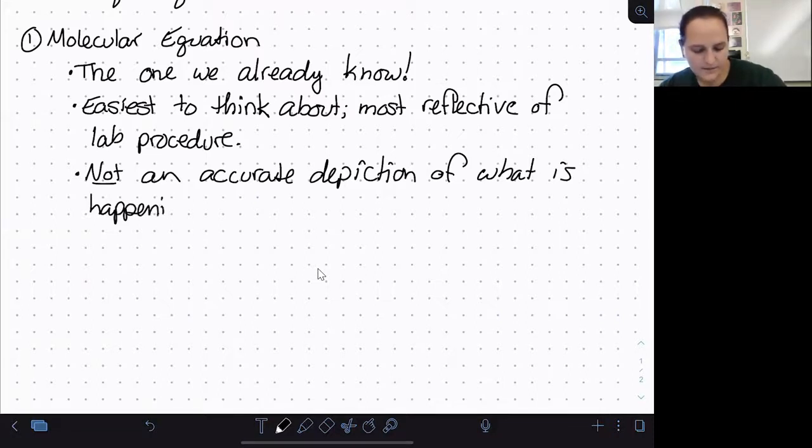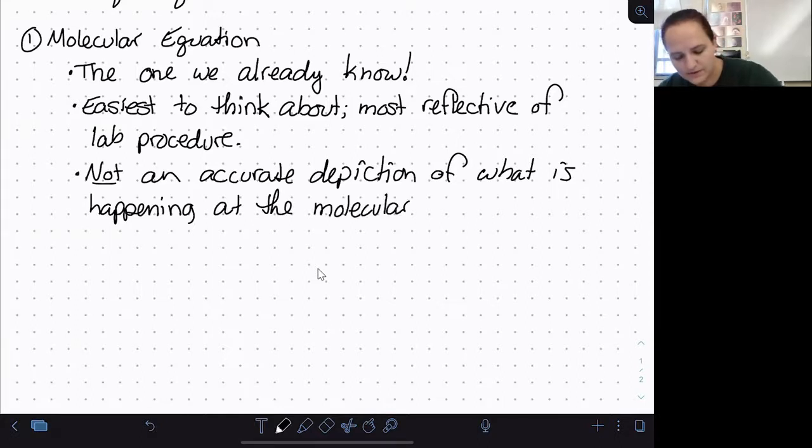Remember last time we talked about how when an ionic compound dissolves, the ions split apart. Well, in a molecular equation, they're shown stuck together, even if your stuff is dissolved.